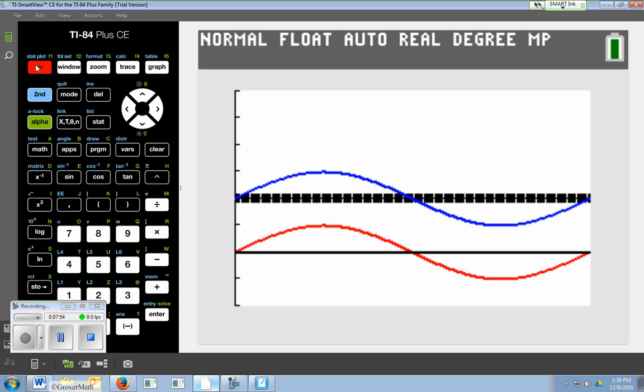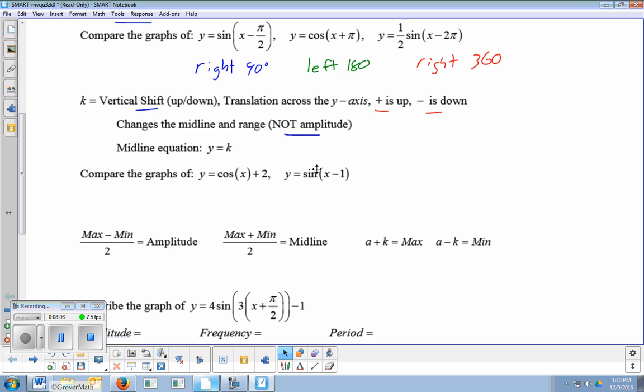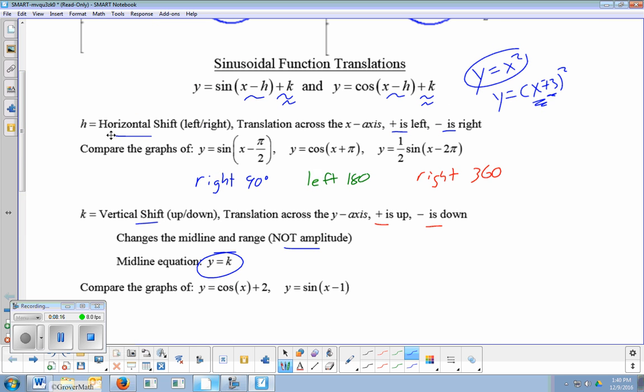So for this equation right here of y equals sine x minus 2, this minus 2 after the parentheses is the equation of the midline. And it's helpful to know that because, again, my amplitude is not changing, but other things are. And so the midline is this equation y equals k when you have a plus or minus k on the end.